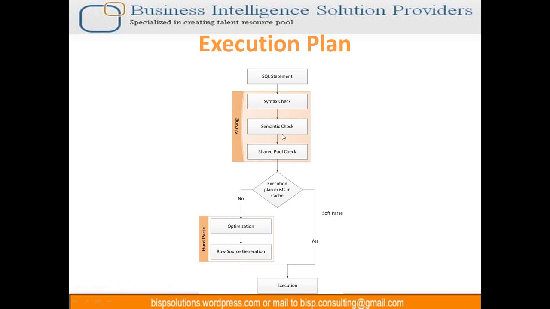So these are the steps performed when we submit a query from the client side. When it goes to the server side, it checks syntax, does the semantic check and the shared pool check. If the execution plan already exists in the shared pool, it will do a soft parse. If not, it will do a hard parse.